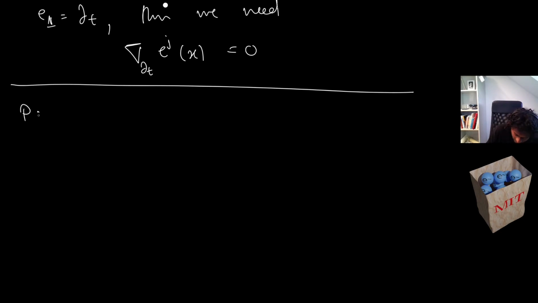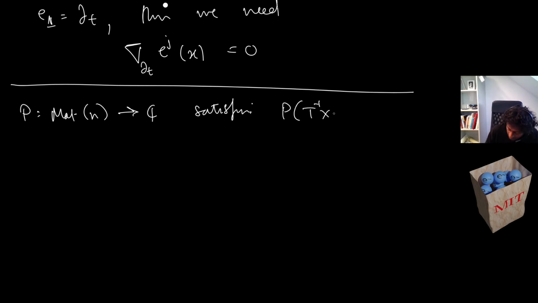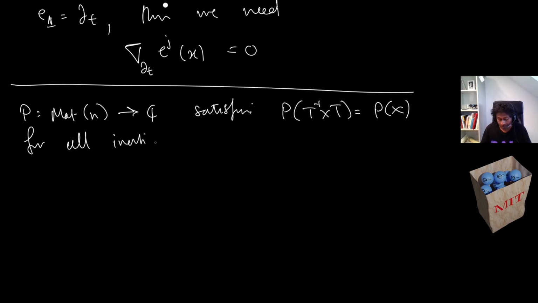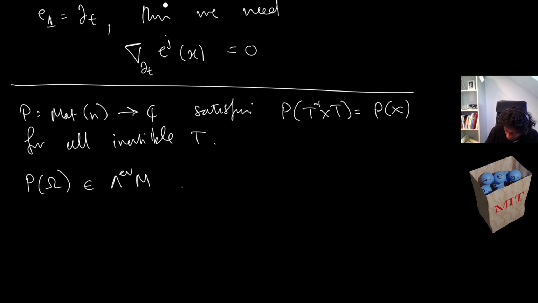We had P, which is a polynomial map that takes us from matrices into the complex numbers satisfying P(T X T inverse) is equal to P(X) for all invertible T, right? So this is what we had, and then we had a way of then constructing P(omega) as an even form, where omega is what?